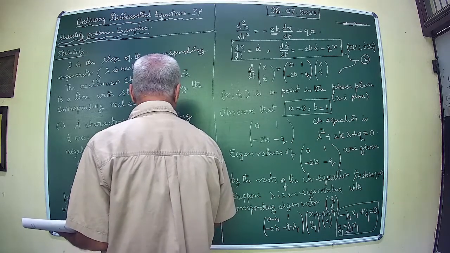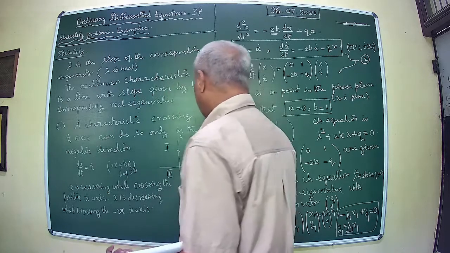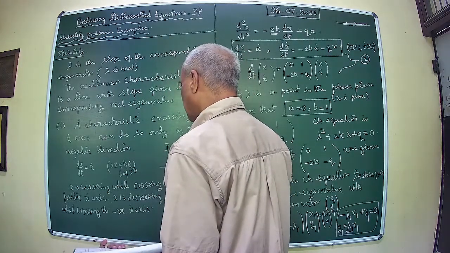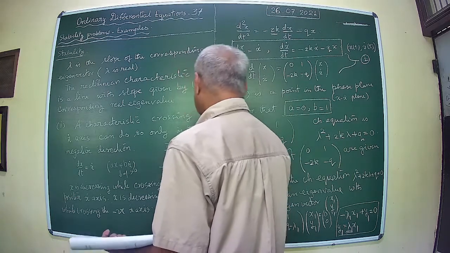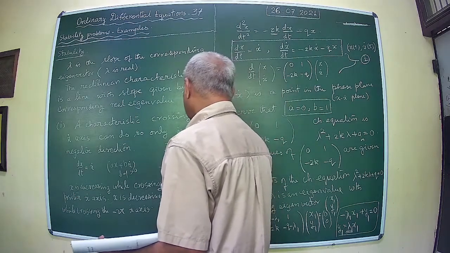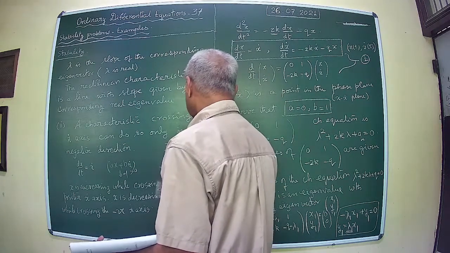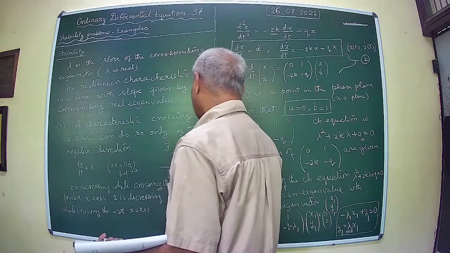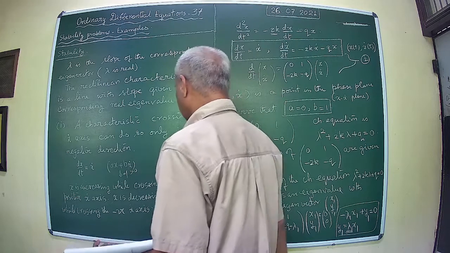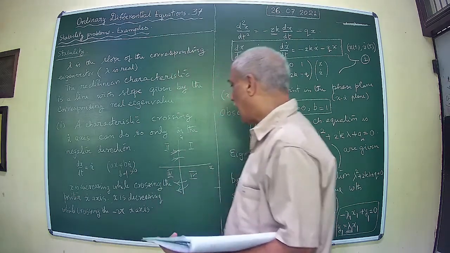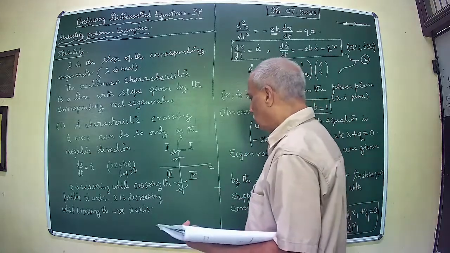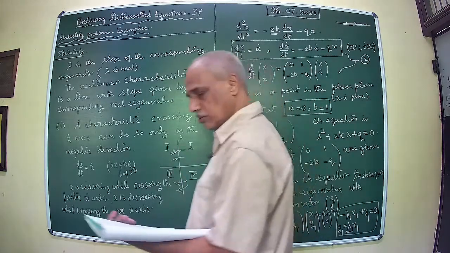So the behavior that you have here is that x is increasing while crossing the positive x dot axis, means it moves from here to here. All characteristics on this side they all move in the opposite direction. So they cross either from the second quadrant to first quadrant or from the fourth quadrant to third quadrant.